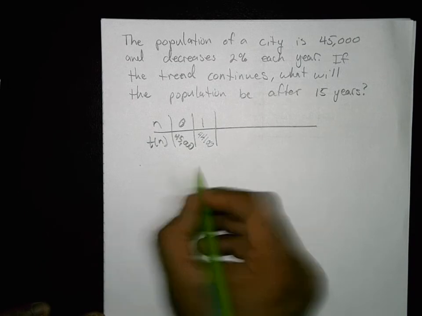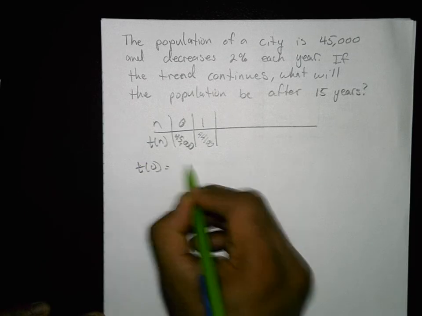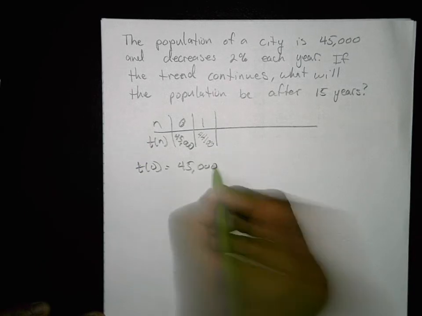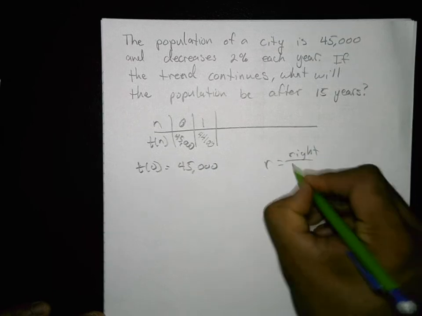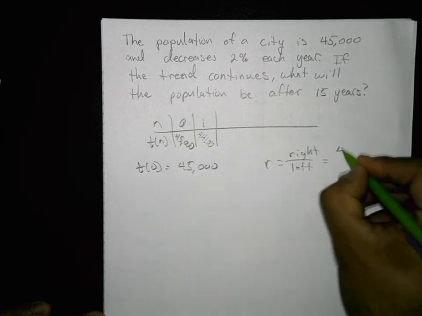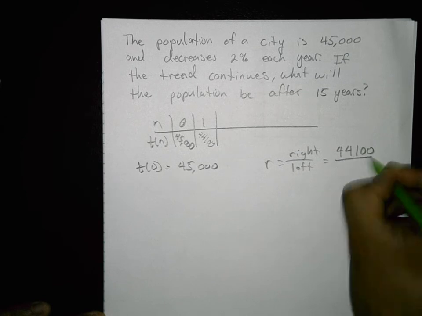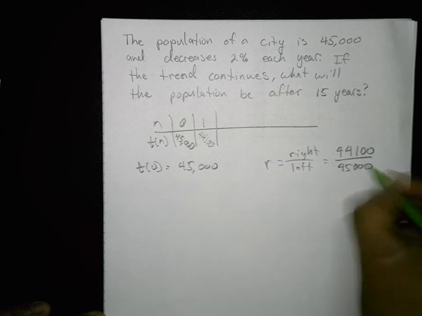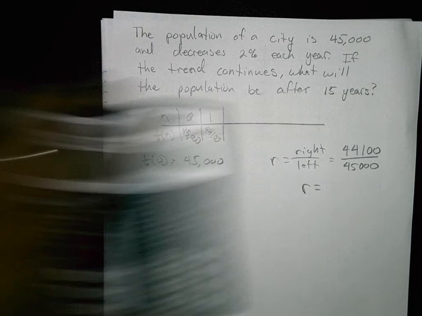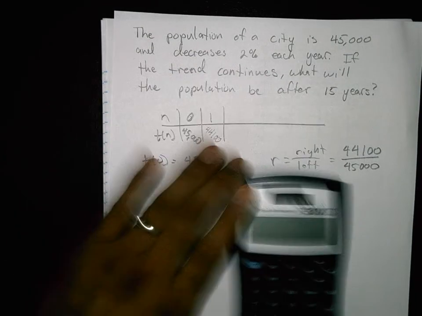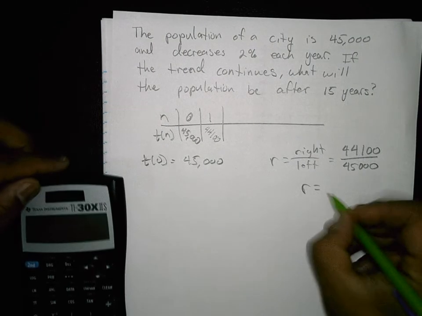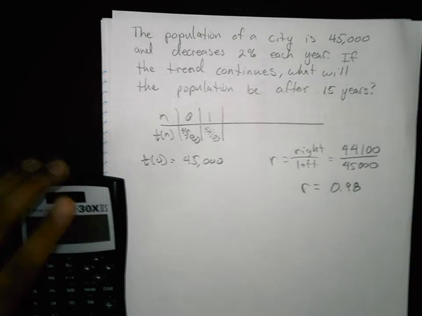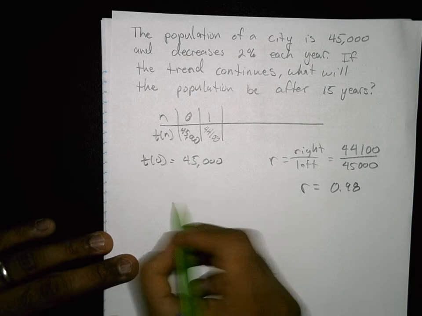So I need T of 0, which is what I started with. That was 45,000. I need R, which is the right divided by the left. I still have that in my calculator. I'll divide that by 45,000, and that's 0.98. That's my R value. So then I can write my equation.